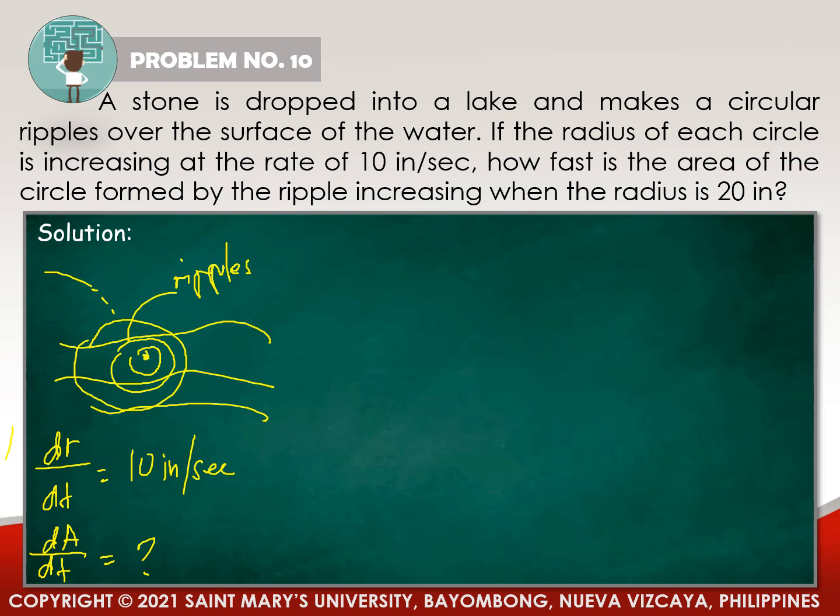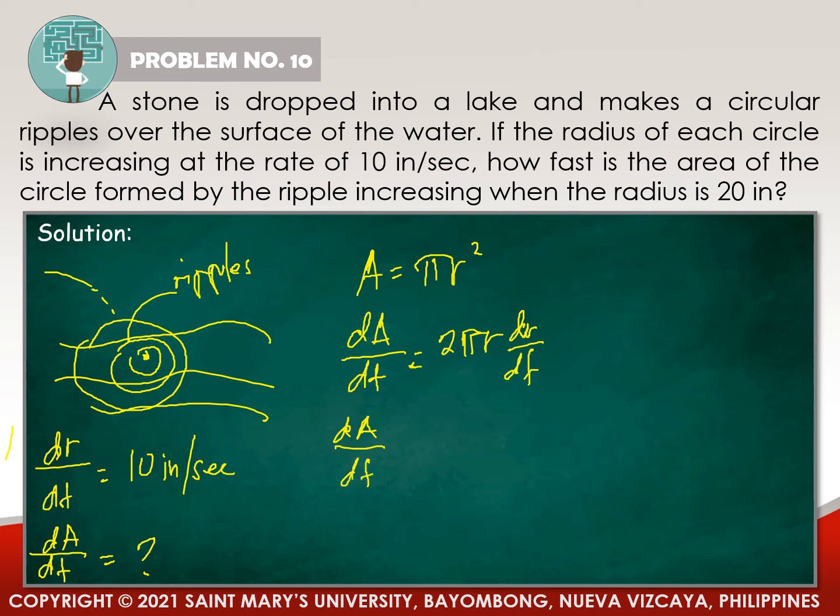So, solve lang natin using the formula of the area, pi r squared. So, getting the derivative, so dA over dt is equal to 2 pi r dr over dt.